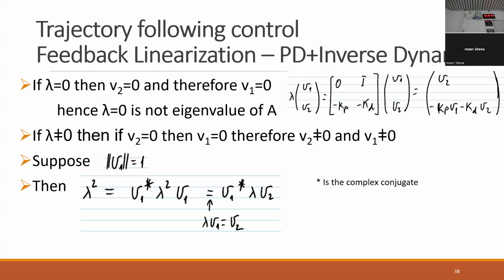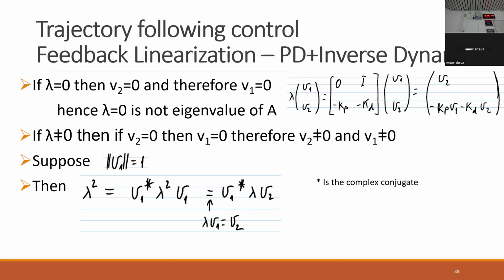Therefore, V1 conjugate times V1 is 1. If I take the conjugate transpose of V1 times V1, this is the length of V1, and the length of V1 is only 1. Therefore, I can write it like this, and this equals lambda squared. So lambda squared times V1 conjugate transpose times V1. This is the length of V1, which is 1.